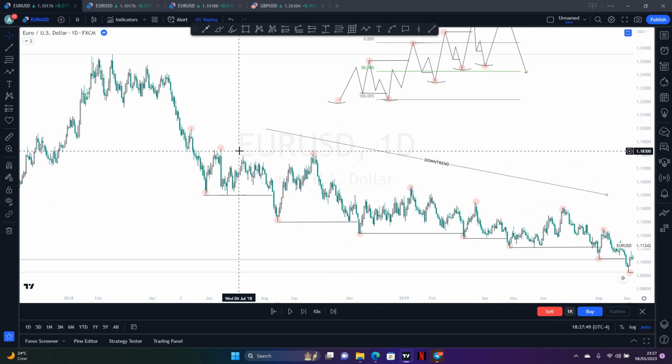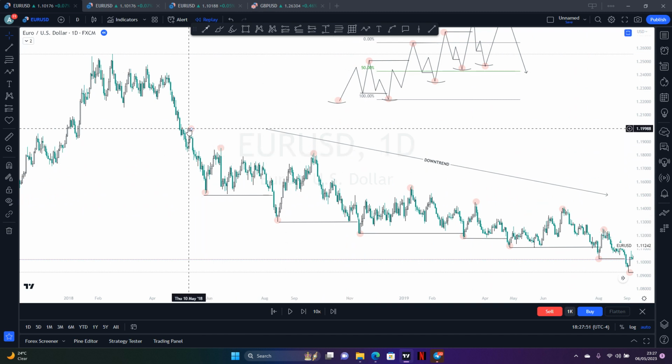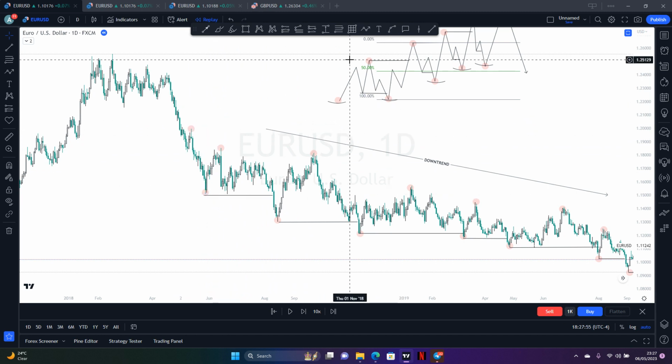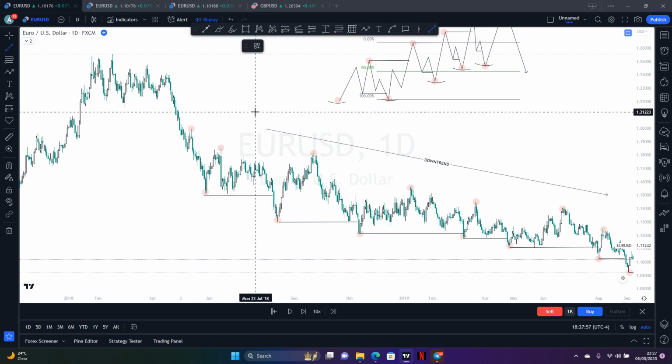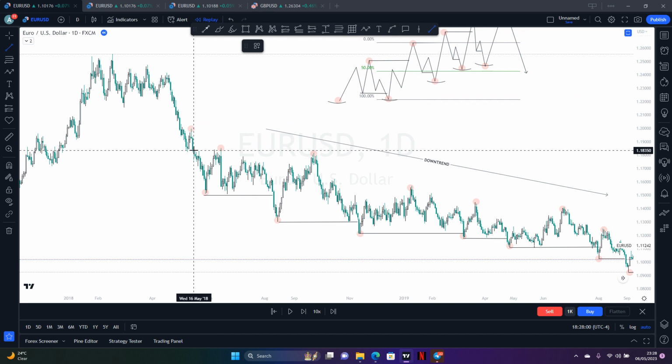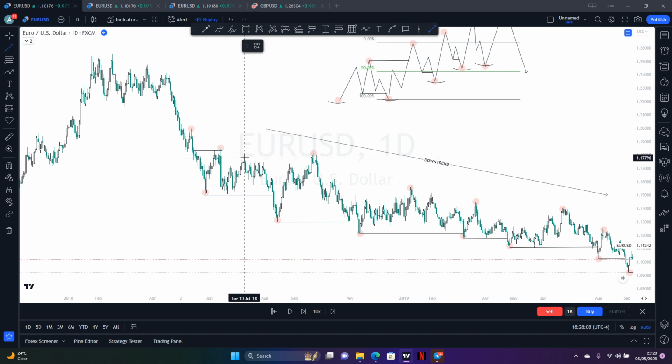So first things first, this was a high and a low, and then we have this liquidity built in the form of equal highs. What happened? It was cleared, and then this one cleared out this liquidity.